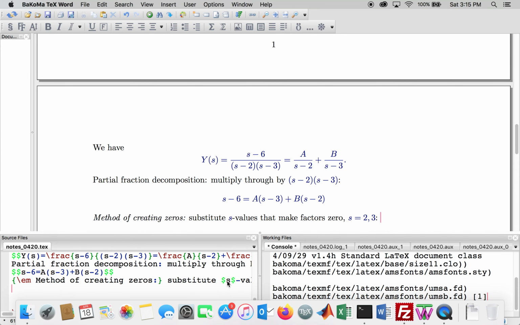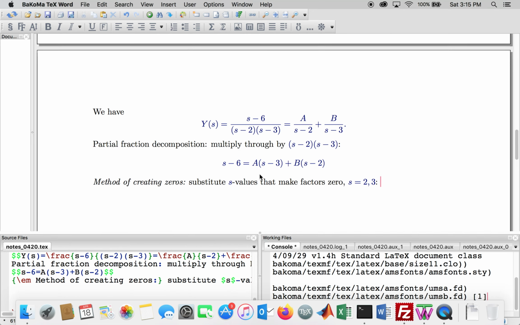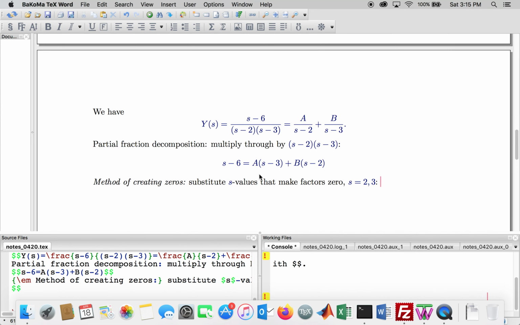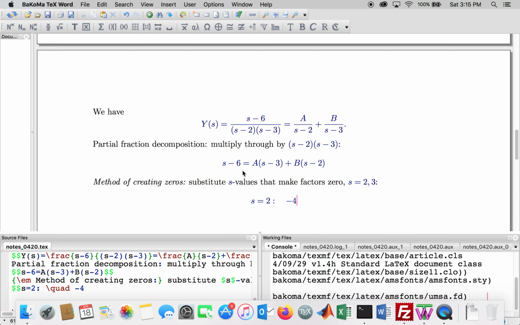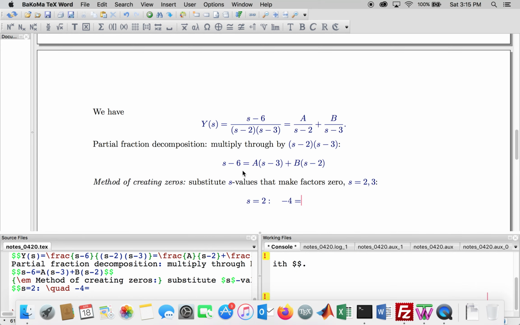So if I substitute s equals 2, I'll get 2 minus 6, that's minus 4, is equal to A times 2 minus 3. And then I plug in s equals 2 here, I'll get 0.